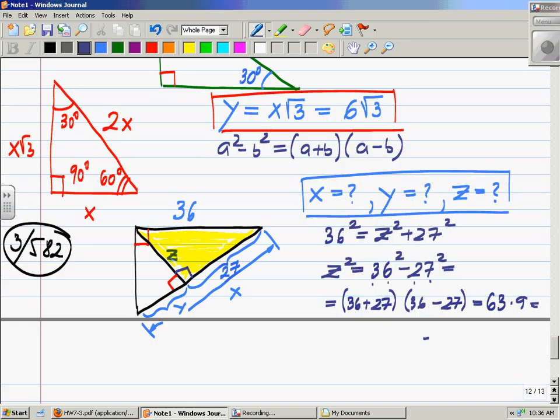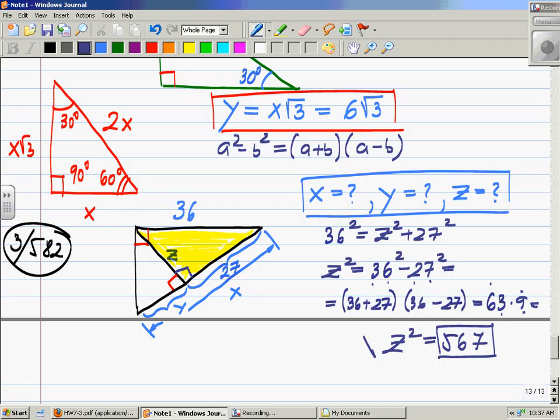So you have only one multiplication here: 9 times 63. 9 times 3 is 27. 9 times 6 is 54, plus 2 is 56. And that's your z squared.